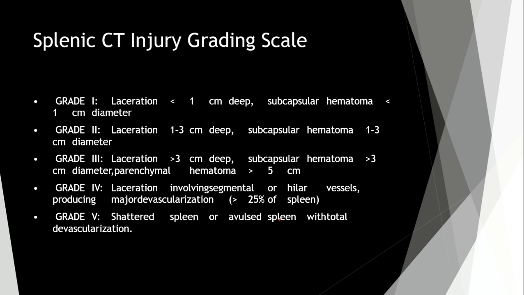Grade 3, laceration more than 3 cm deep, subcapsular hematoma more than 3 cm diameter, parenchymal hematoma more than 5 cm. Grade 4, laceration involving segmental or hilar vessels producing major devascularization, more than 25% of spleen. Grade 5, shattered spleen or avulsed spleen with total devascularization.